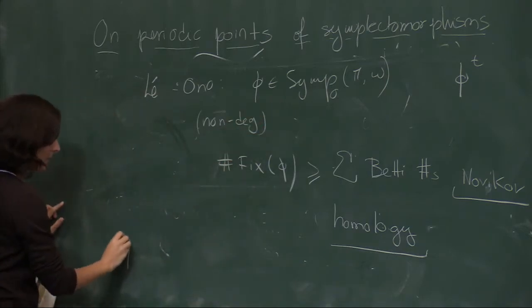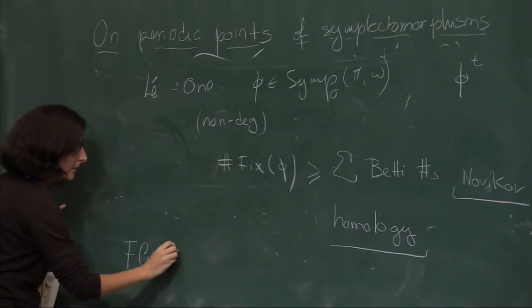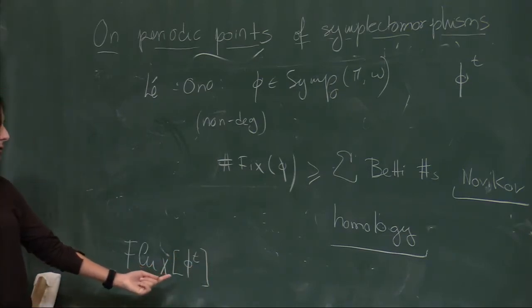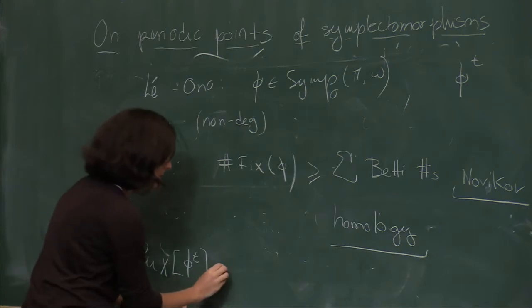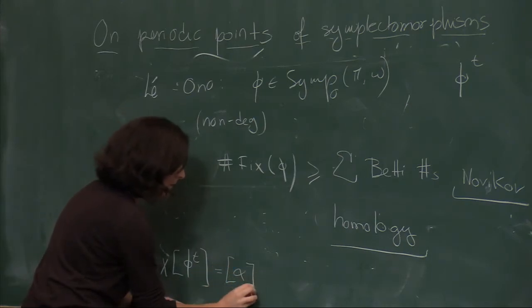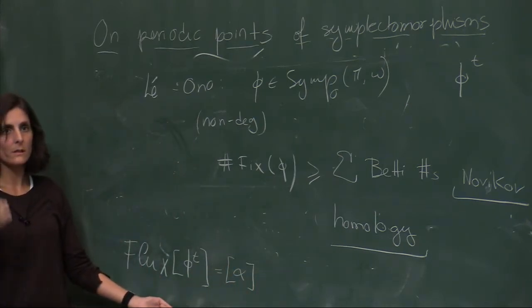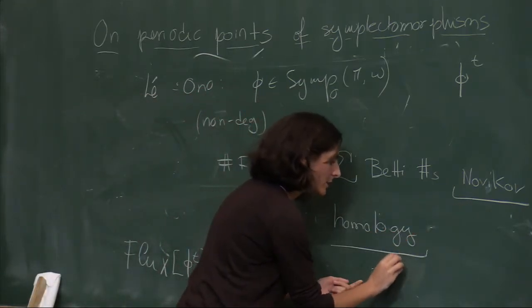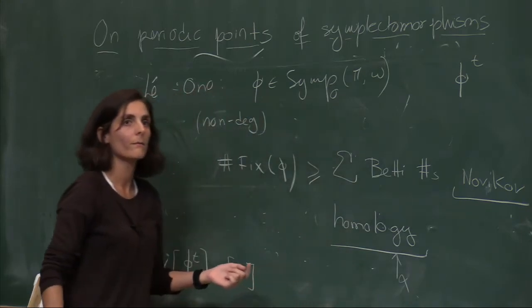This phi t has a first cohomology class associated with it. So let me call alpha a closed one form which represents this class. This Novikov homology is the one associated with alpha. Okay.